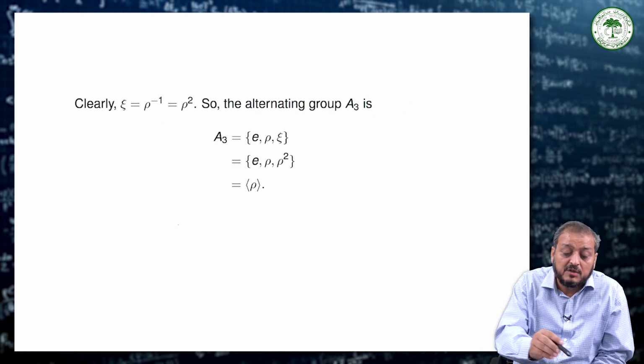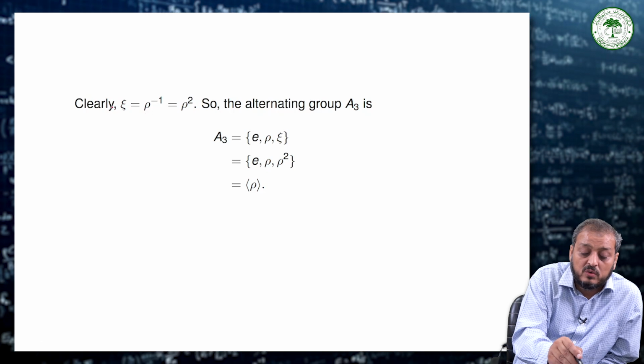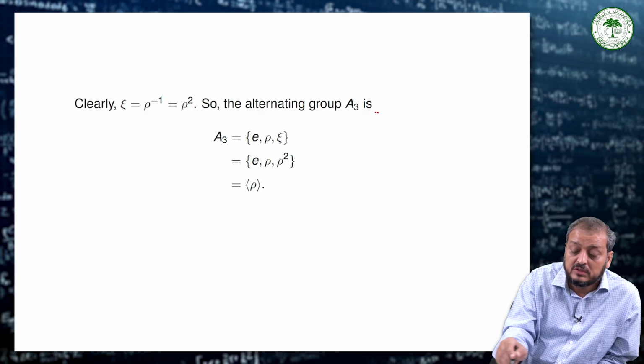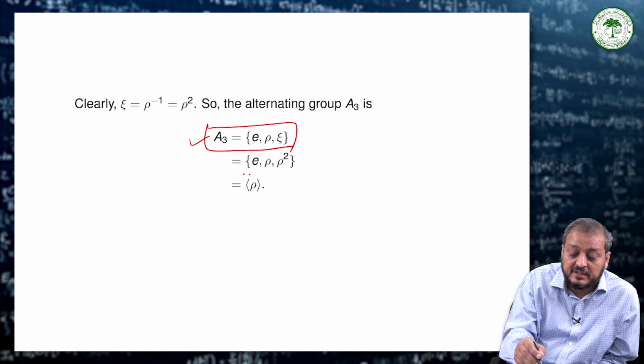So, we can say simply that clearly zeta is equal to rho inverse, and rho inverse is equal to rho square. So, the alternating group is equal to this, and this is equal to rho.